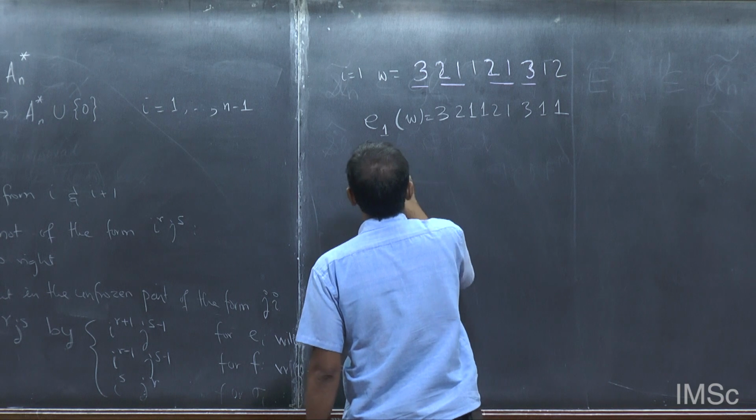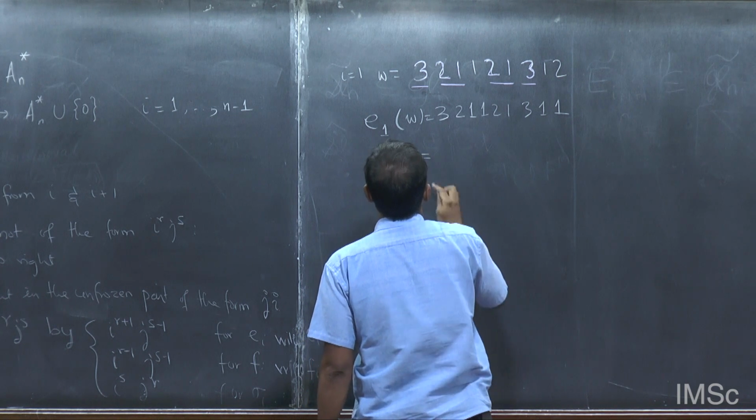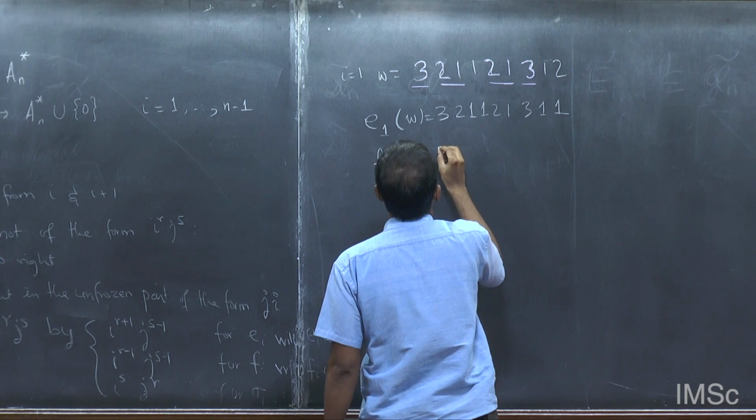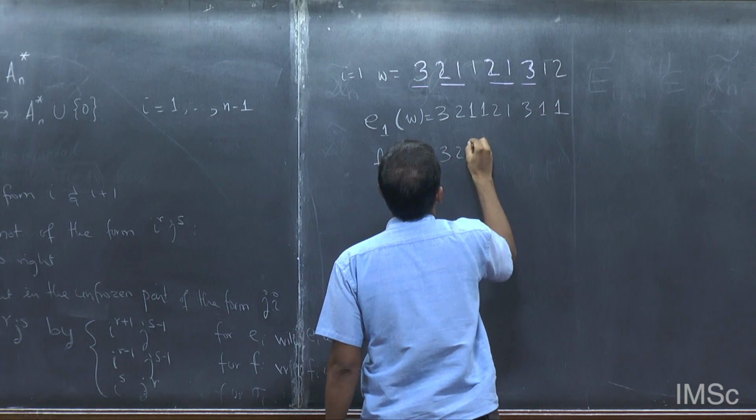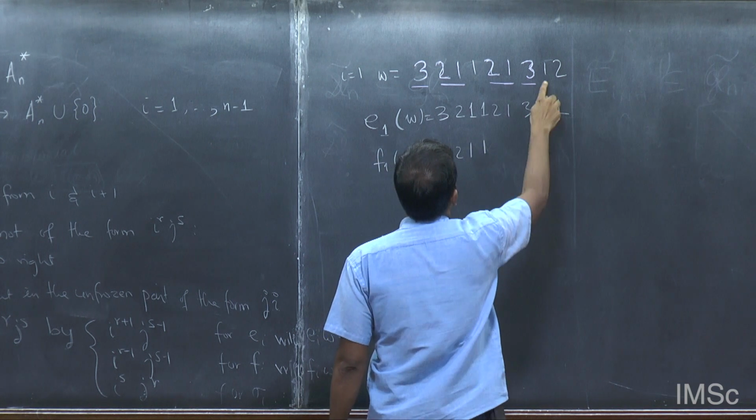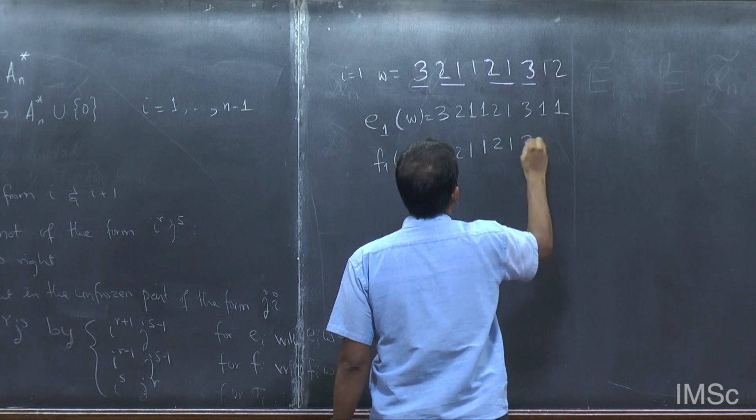And F_1 of w is 3, 2, 1, 1. So, this 1 has to become a 2.